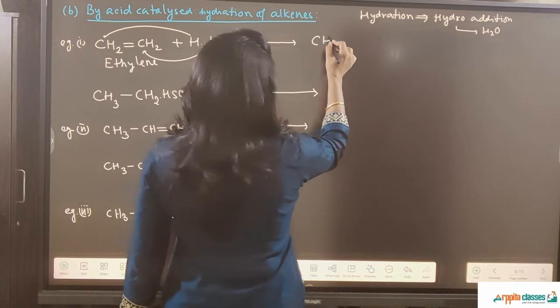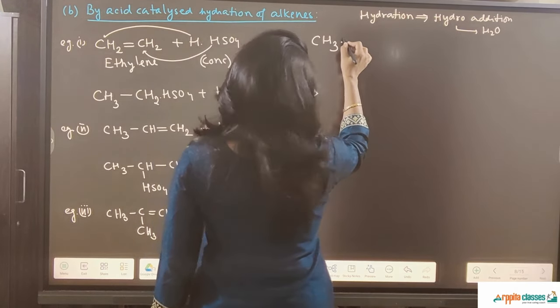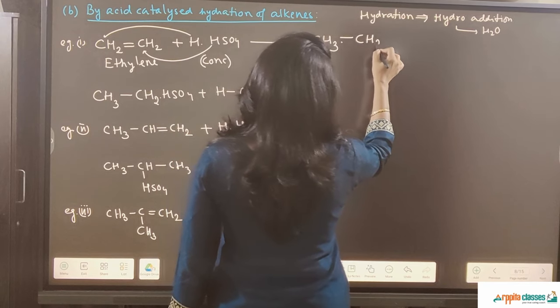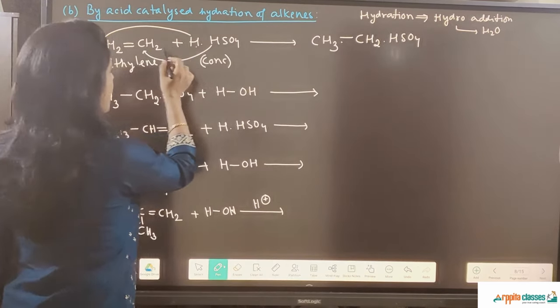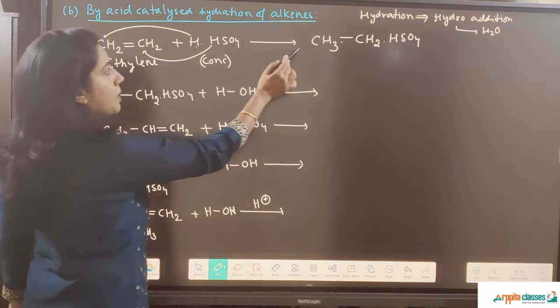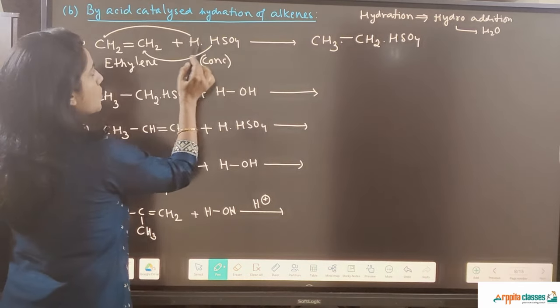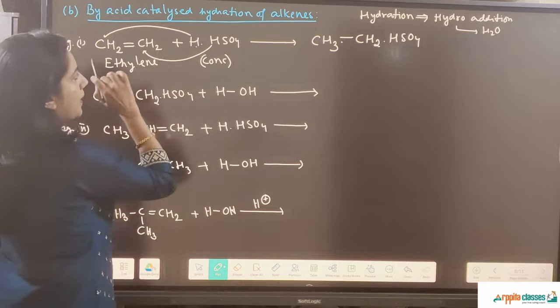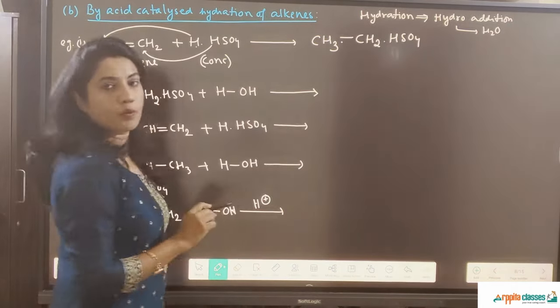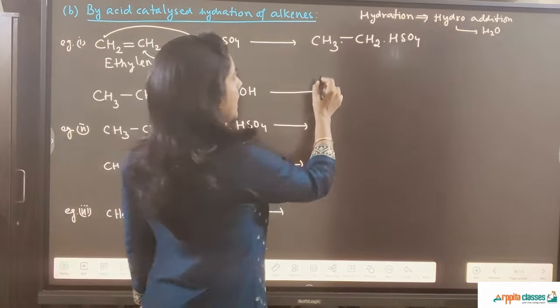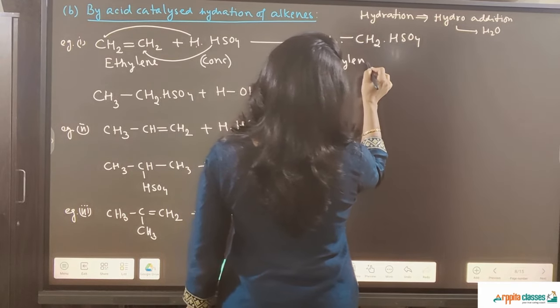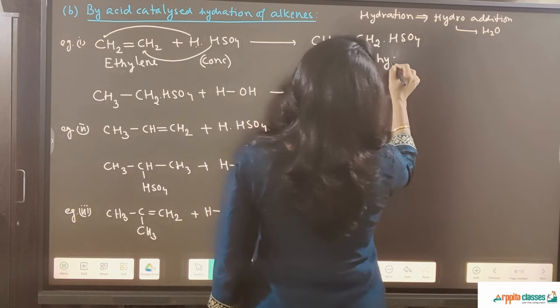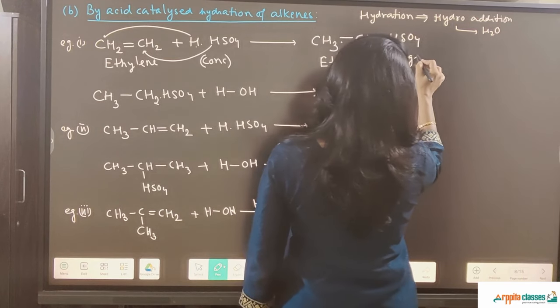So we get the product as CH3-CH2-HSO4. You can see this hydrogen got added to this CH2, so that has become CH3, and the HSO4 got added to the other CH2. So we got CH2HSO4. This is called ethylene hydrogen sulfate. The name of this product is ethylene hydrogen sulfate.